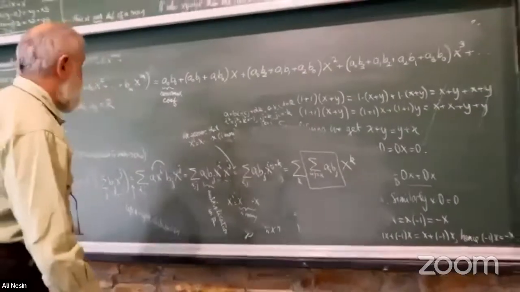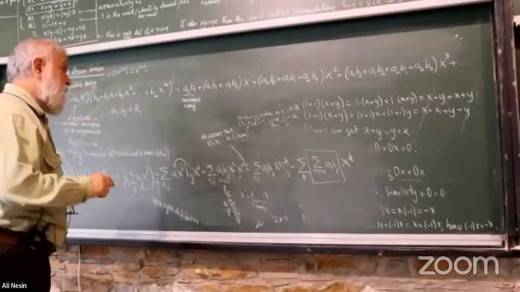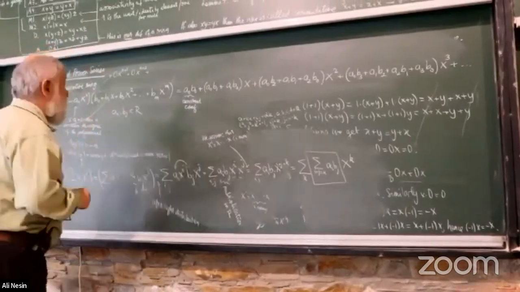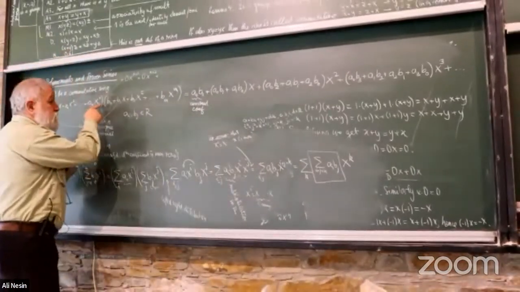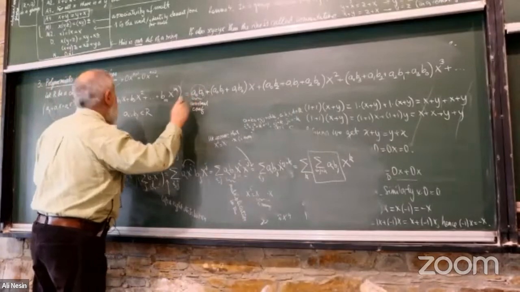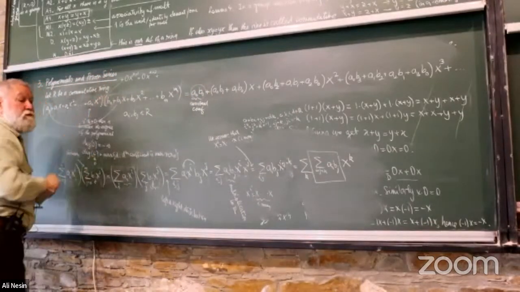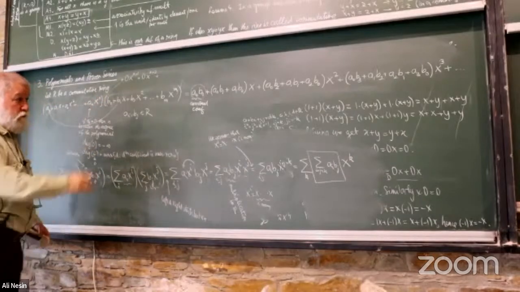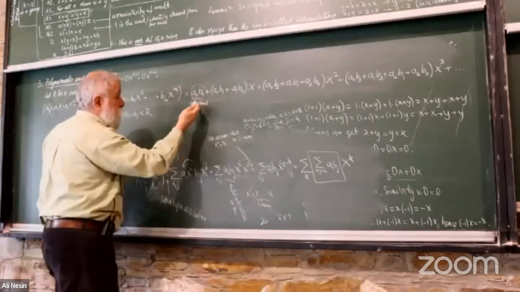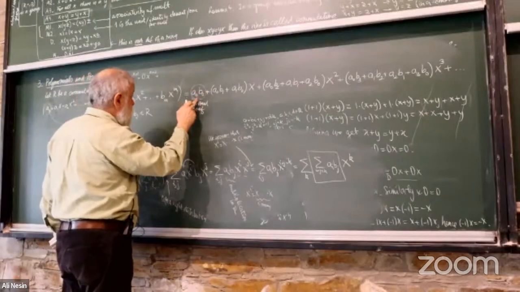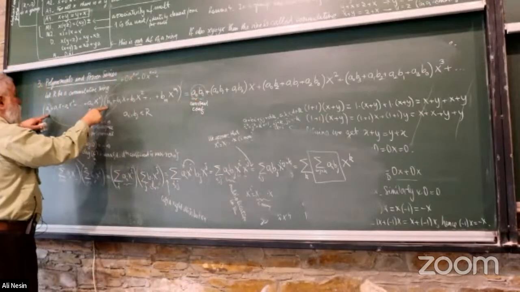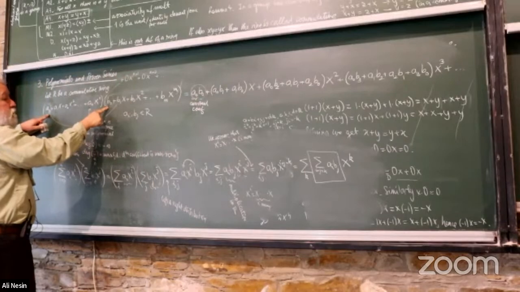Now let us think for a second. You see, I can have more terms here. This a0 b0 depends only on the coefficients a0 and b0. In order to perform this multiplication for the first coefficient, I need only a0 and b0.